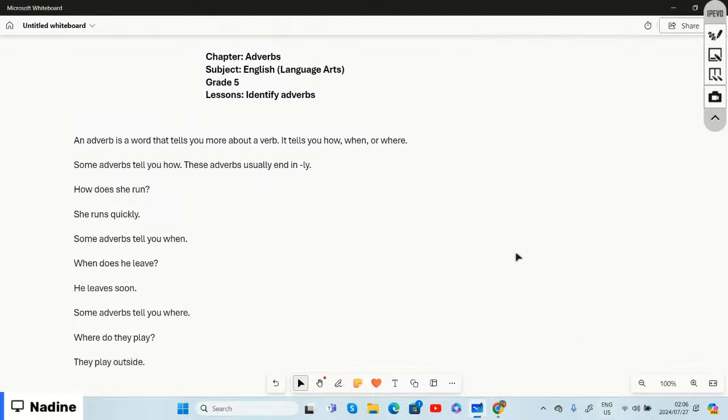All right. So when it comes to adverbs, right? Adverbs are words that tell us more about the verb, right? So adverbs are words that tell us more about the verb.